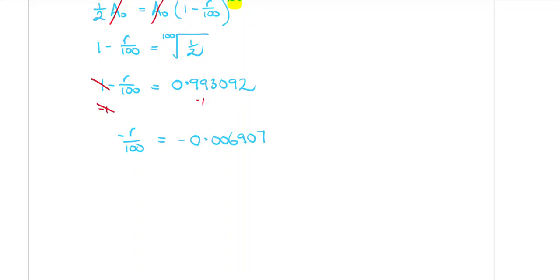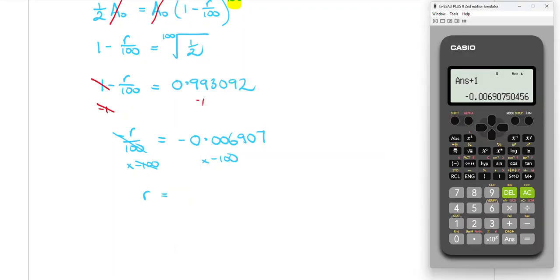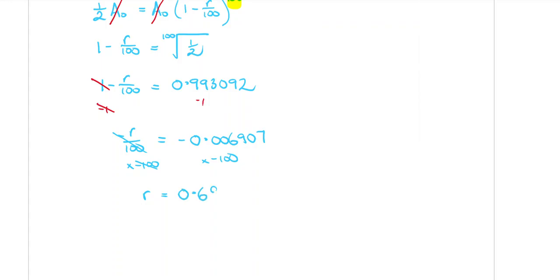0.006907. Okay, then finally, I can get rid of the minus sign and the 100 in the same go if I multiply by negative 100. That will get rid of that, and r will be by itself. So here's my calculator, times by negative 100, and we get 0.69, and that would be the percentage.